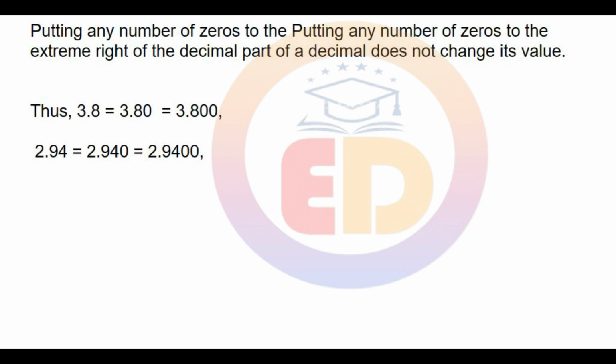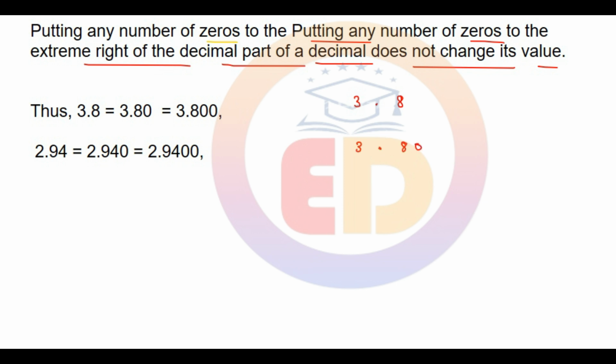One very important point to understand about decimal numbers and their decimal places: putting any number of zeros to the extreme right side of the decimal part of a decimal number does not change the value. What does it mean? It means 3.8, 3.80.